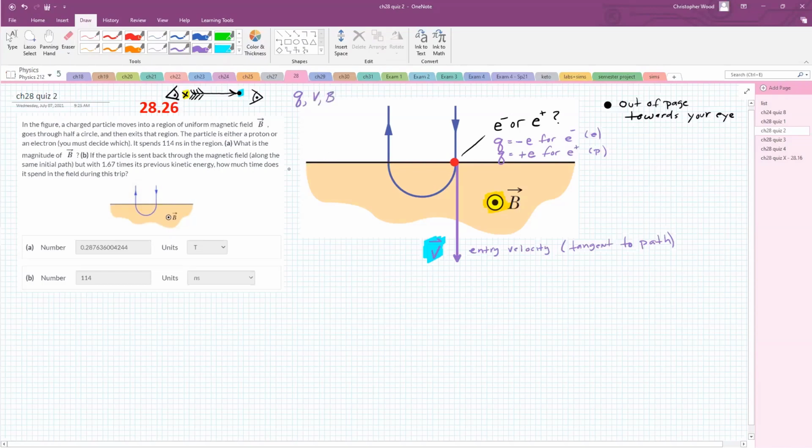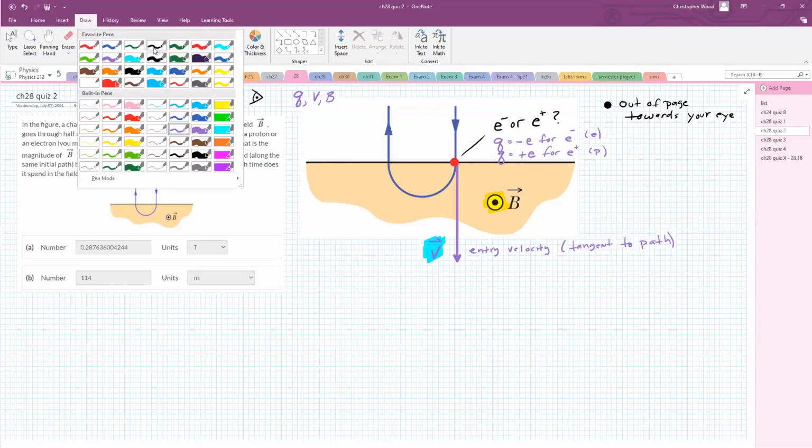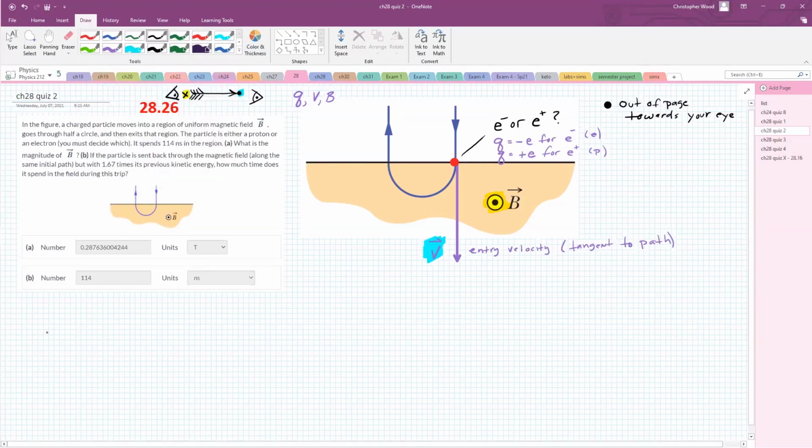And from the introductory statements made to chapter 28, it turns out through experiment and observation that this is the relationship: magnetic force equals QV cross B. That's the cross product representation.